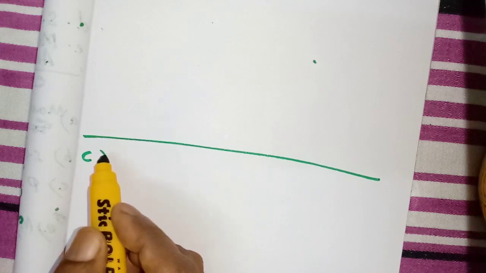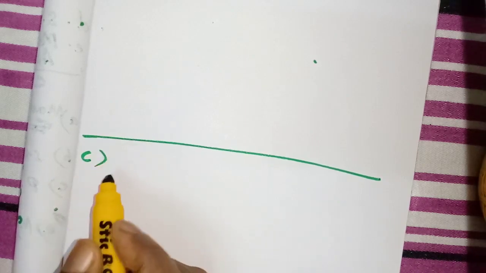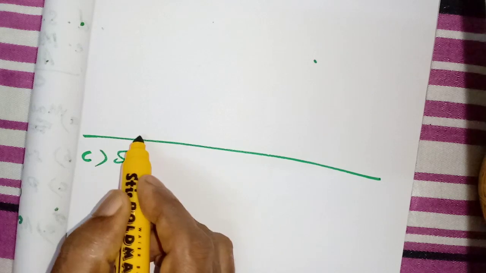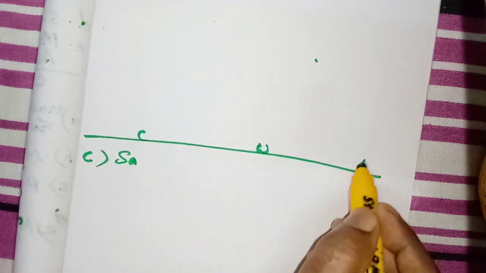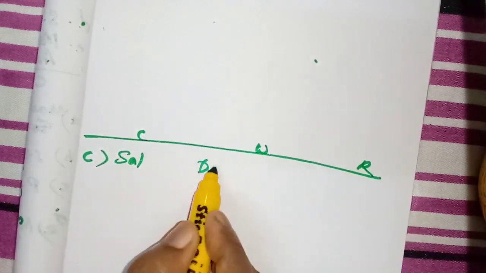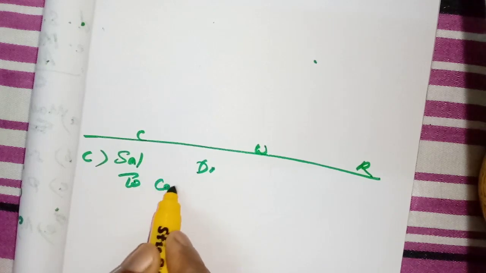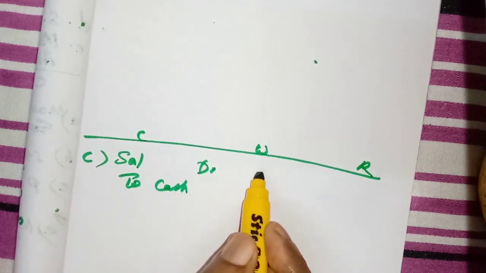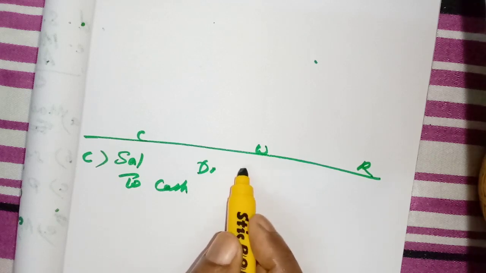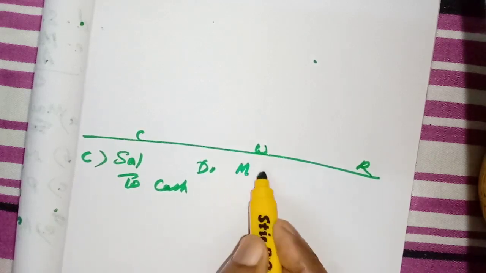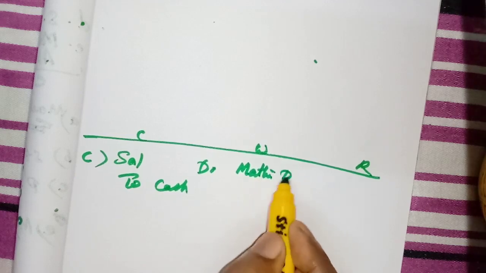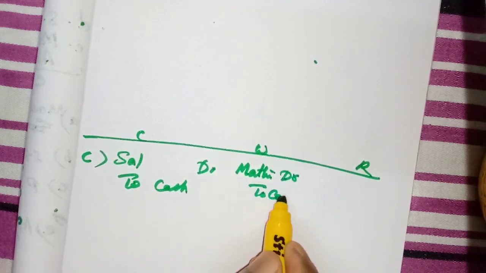Amount 500 paid as salaries. If we pay salaries, what is the correct entry? Correct entry, wrong entry, rectifying entry. Salary debtor to cash. But what is wrong? Was debited to his personal account. Personal account is Madhi, so Madhi account debtor to cash.